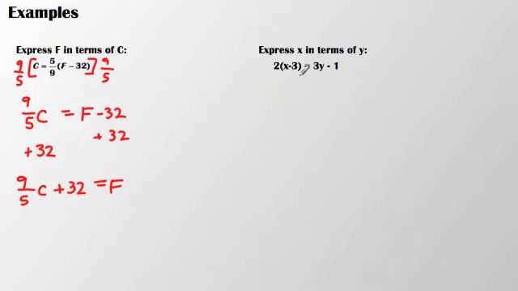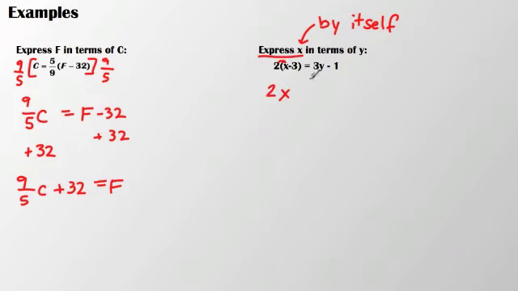I have expressed F in terms of C. Let's take a look at another example. I'm going to go ahead and express x in terms of y. So the idea when you see express that variable is to get that variable by itself. But first I need to go ahead and use the distributive property.